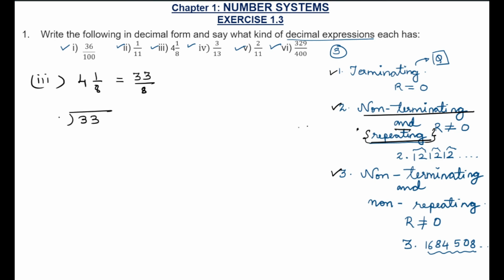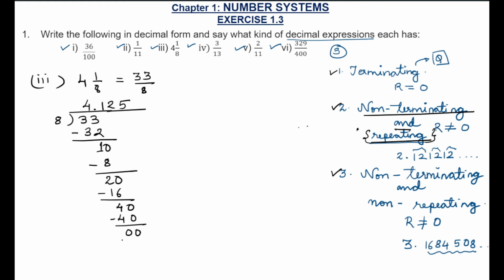So 33 by 8. It goes 4 times, 32, minus, you get a 1. I'll put a point, 0, 1, 8, 2. Again put a 0 here. 2 times 16, you get a 4 here, put a 0, 5, and 8 fives are 40, and you get the remainder as 0.